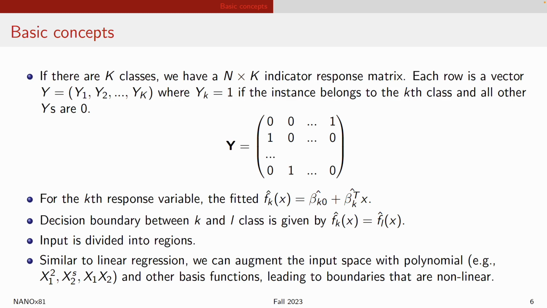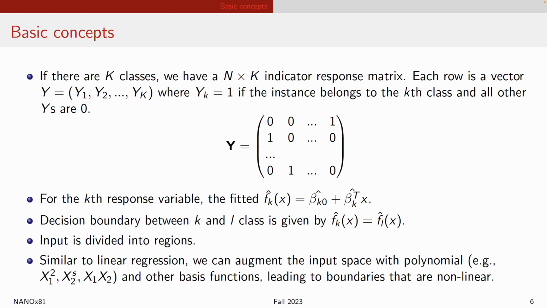Basically, what you can do is that you can have an m by k indicator matrix, response matrix, and each row is basically just a vector. Okay, so you have a row vector which indicates, well, in this case, the first observation is in the k class, the second observation is in the first class, the last observation is in the second class.